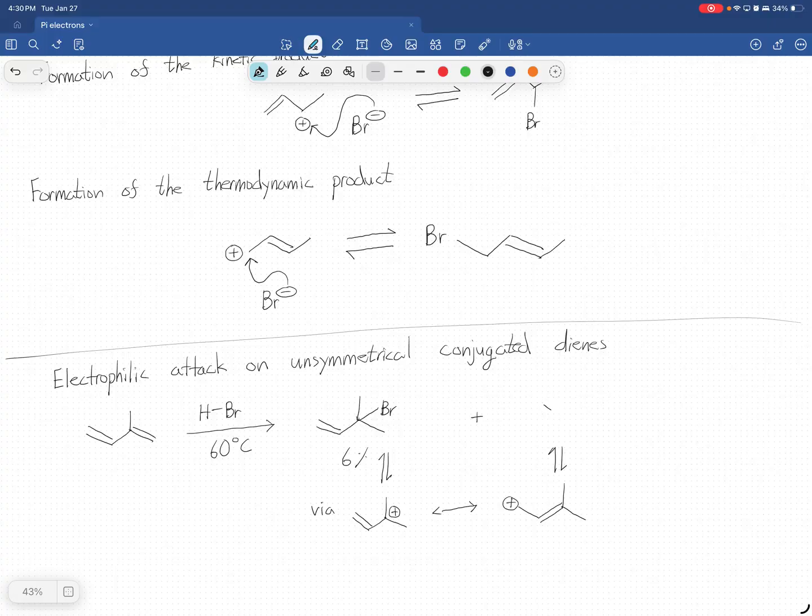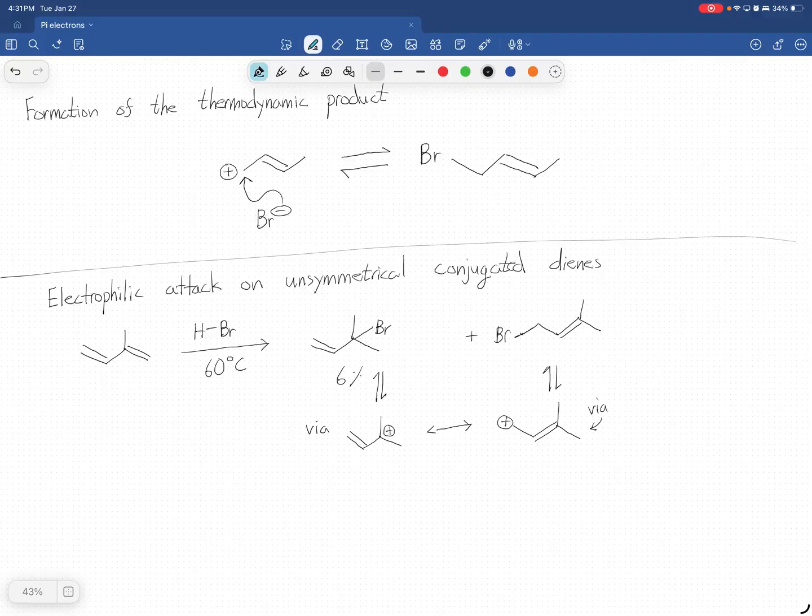So let's move this alkene over here. Then we get Br. So this occurs through this less stable carbocation, okay?